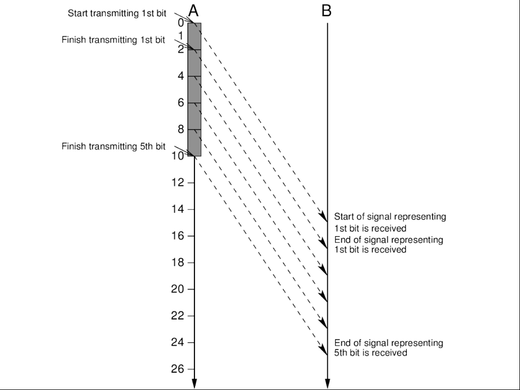If we look at the 5th bit, computer A transmitted the last signal representing the 5th bit at time 10. It takes 15 microseconds to propagate, therefore it is received by B at time 25. 10 plus 15. At time 25, computer B has received all 5 bits.